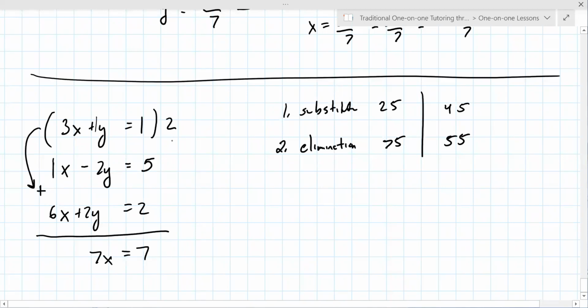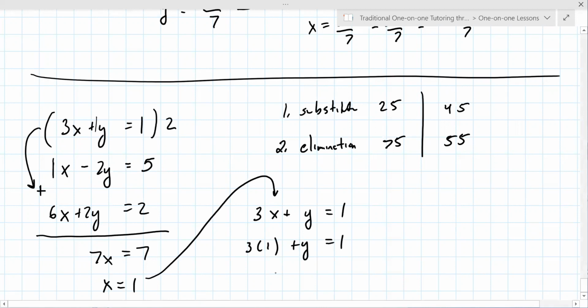So 7x equals 7, because the y's are gone, and then x equals 1. Then you insert that into either equation you pick, whichever one you like. I'm going to suggest the first equation, 3x plus y equals 1. You put the 1 in: 3 times 1 plus y equals 1. y equals -2.